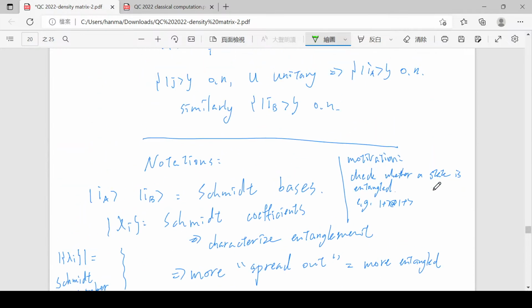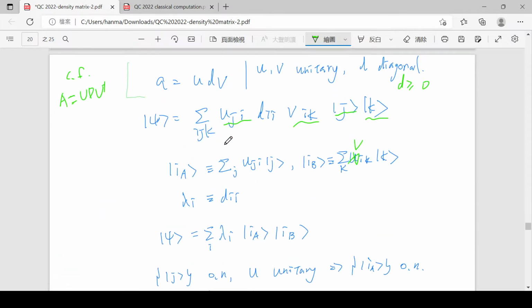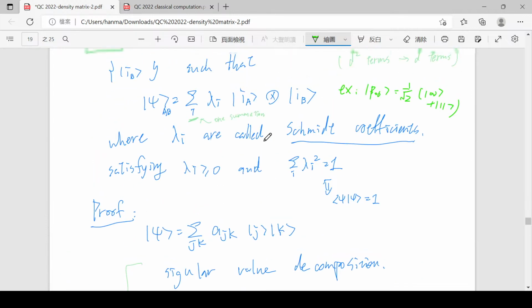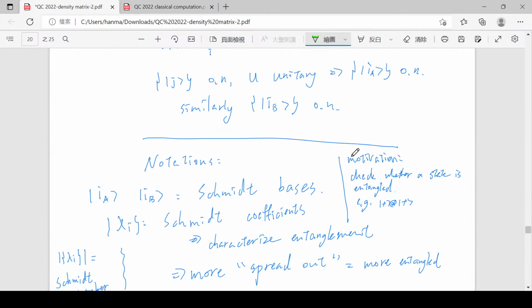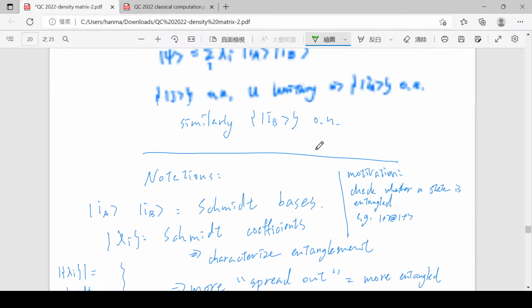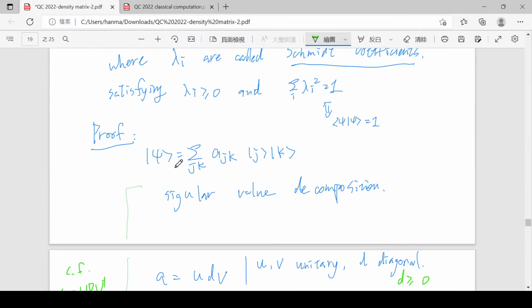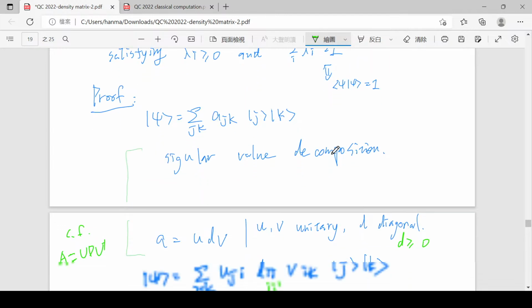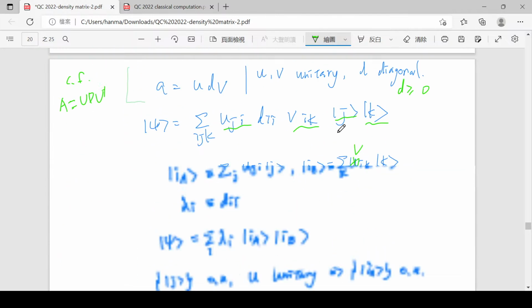So, as we said, we want to write a state in Schmidt decomposition because it's a good way to check whether a state is entangled. Right? For example, if you just write your state in the computational basis, then it's not easy to see whether it is entangled.